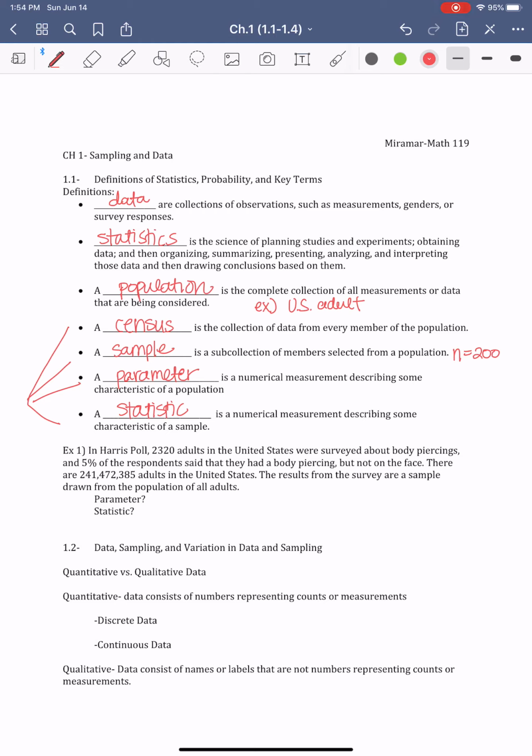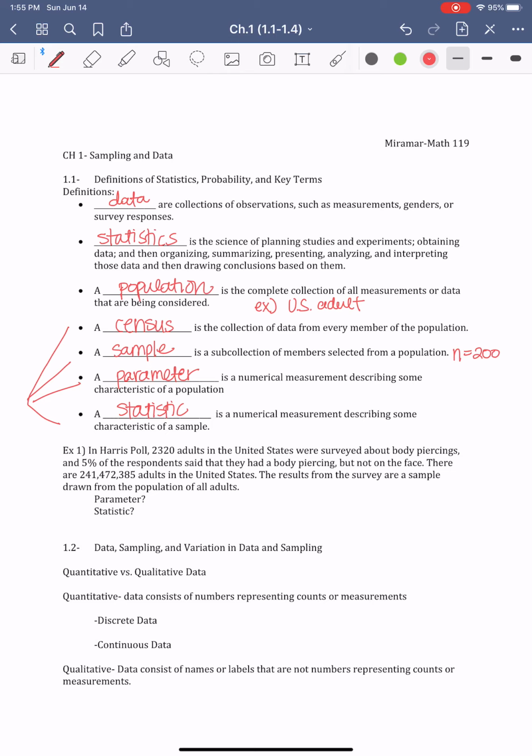Now, parameter and statistic. Parameter is a numerical measurement describing some characteristic of a population, and statistic is a numerical measurement describing some characteristic of a sample. So let's say you're conducting a study about the weight of the average US adult.